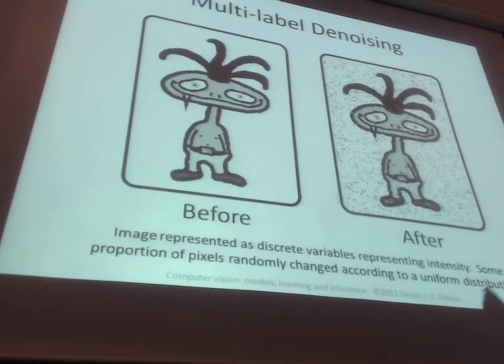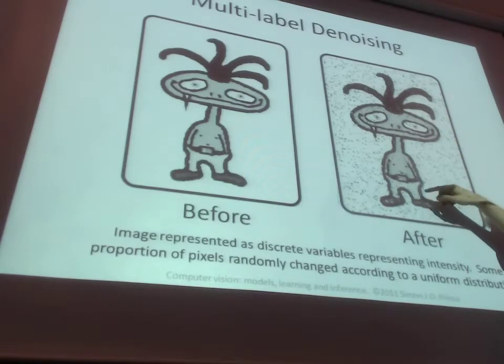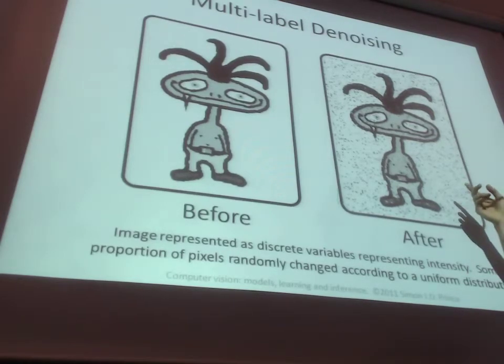So it's multi-label because we might have different colors of noise, and also our character now has different shades of gray for their different elements. So it's not just that we have to decide whether a bit was flipped or not, we have to decide which of the categories of color a given pixel should have. So W, again, is discrete, either binary or categorical.